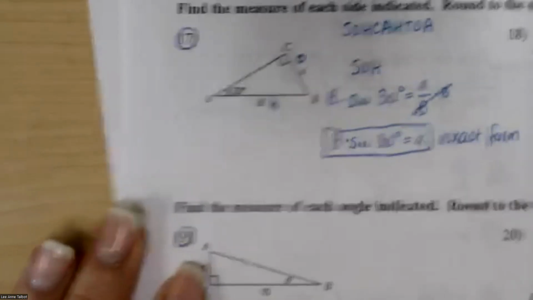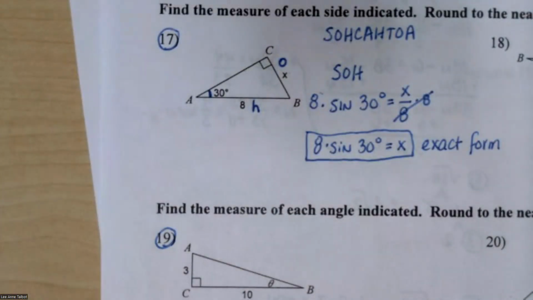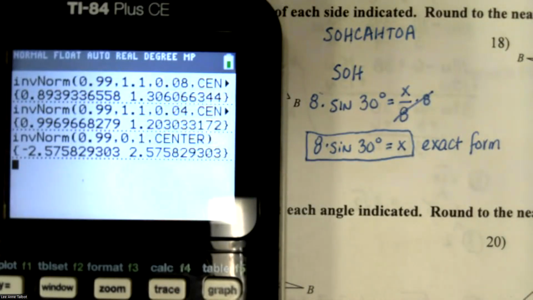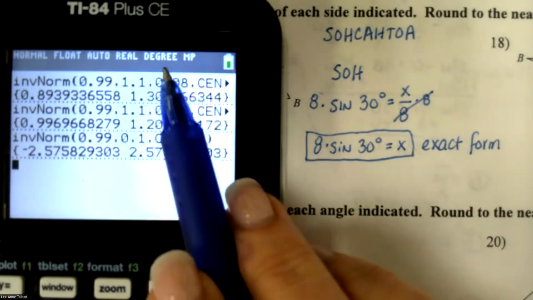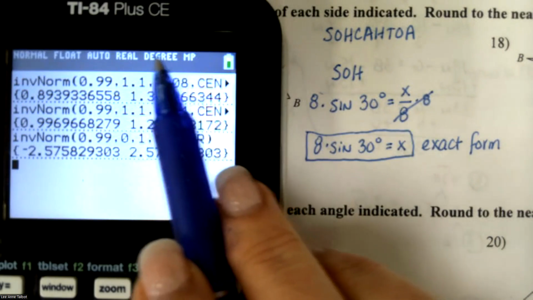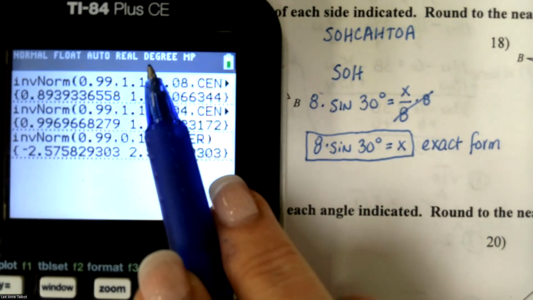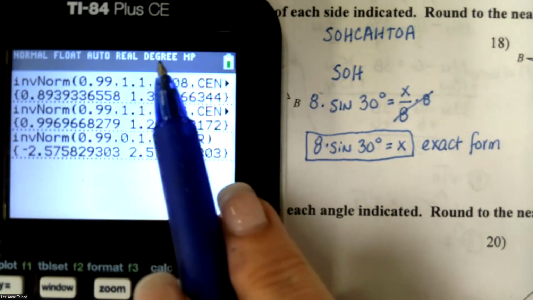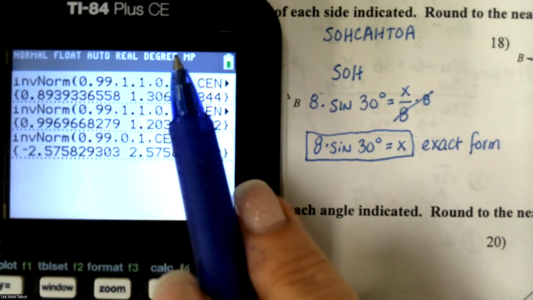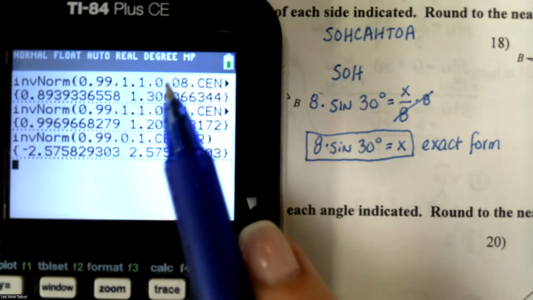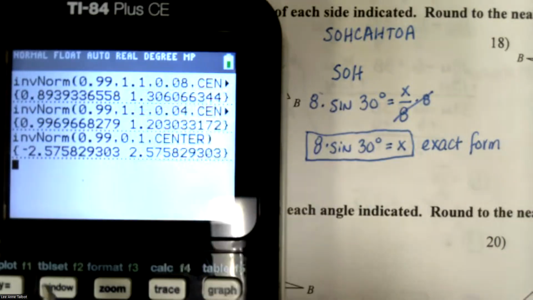Okay, now we're going to do the approximate form in the calculator. So get your calculator out. Don't mind my AP stats. First thing you need to do is make sure your calculator is in degree mode. If you have a newer calculator, it will tell you at the top, it'll say degrees if you're in degree mode. If you're in radians mode, that means your calculator is probably brand new or somebody just reset it.